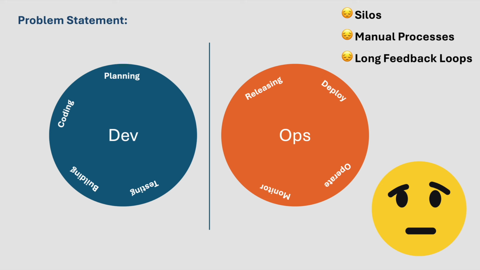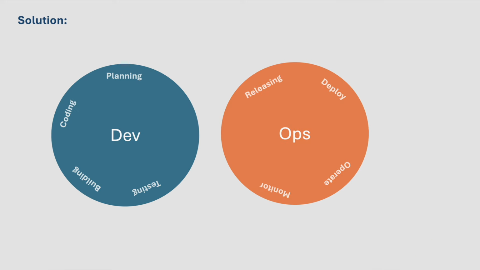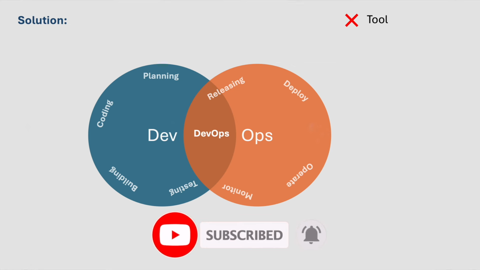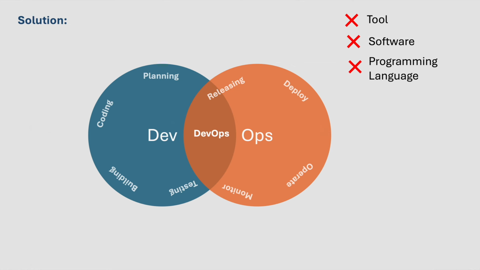These problems created bottlenecks that slowed down the entire software delivery process. Because of these problems, organizations needed a more collaborative and integrated approach where both teams worked closely from planning to monitoring. And that's where DevOps comes into the picture. Please note that DevOps is neither a tool, software, nor a programming language. It's a culture or a mindset that bridges the gap between development and operations teams.